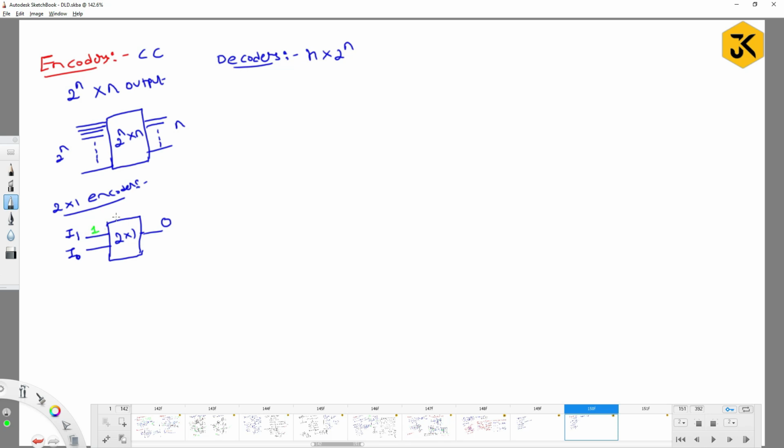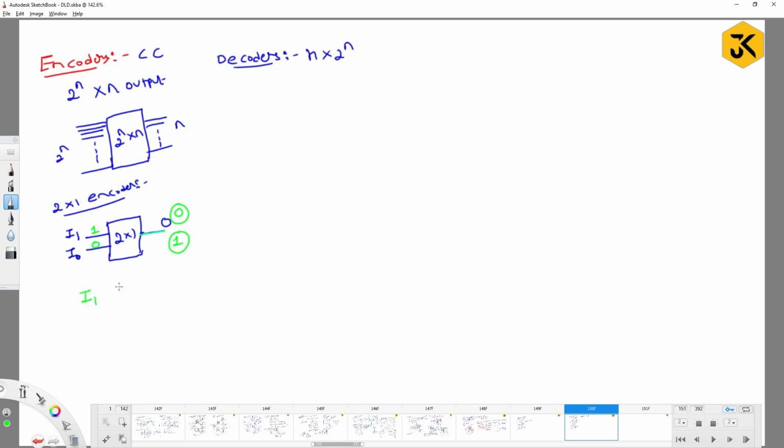Here we always think in terms of high or low. If I pass a high value, what might be the answer? High. If I pass a low value, 0, what might be the answer? 0. See what I am trying to convey to you now.